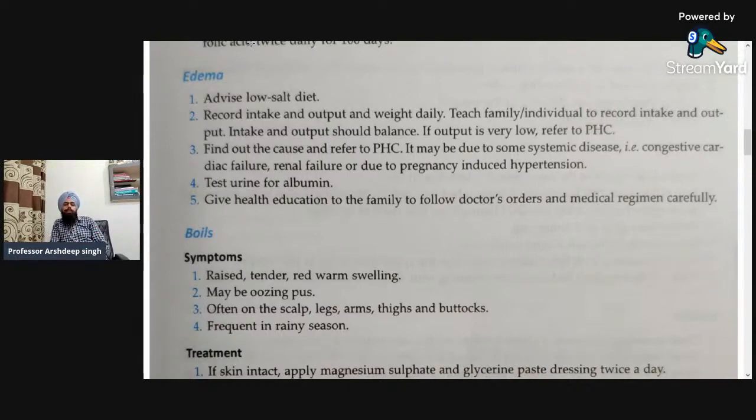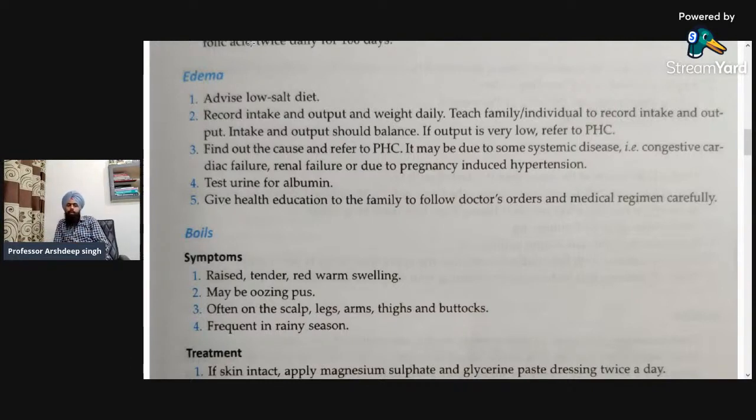Edema is mostly due to conditions like congestive cardiac failure, most of the conditions relating to heart disease, fluid overload, or any other condition that directly affects the heart. It may also be present due to renal failure or pregnancy-induced hypertension.